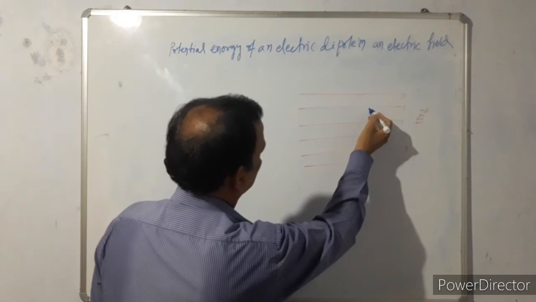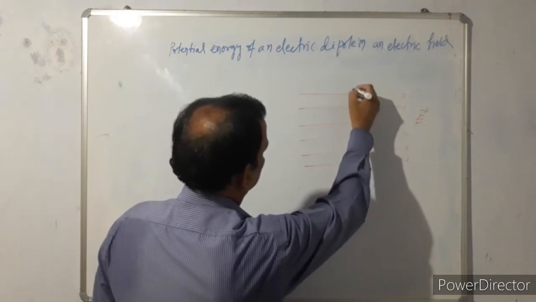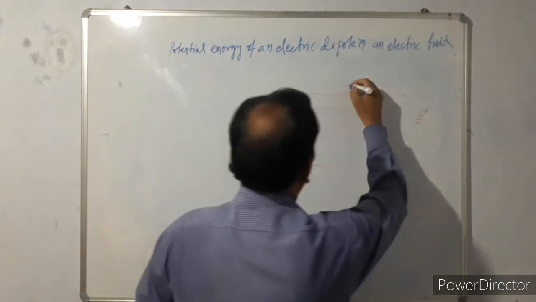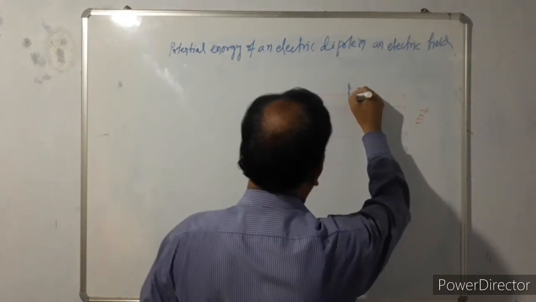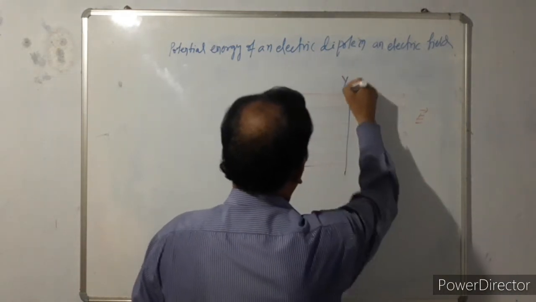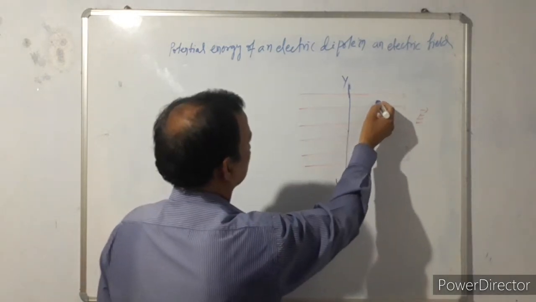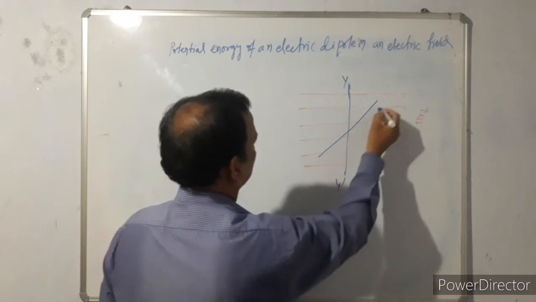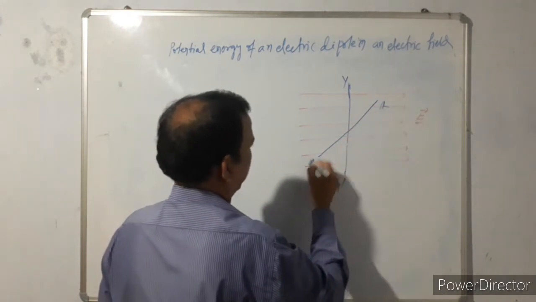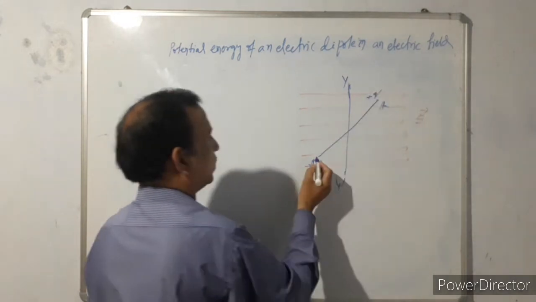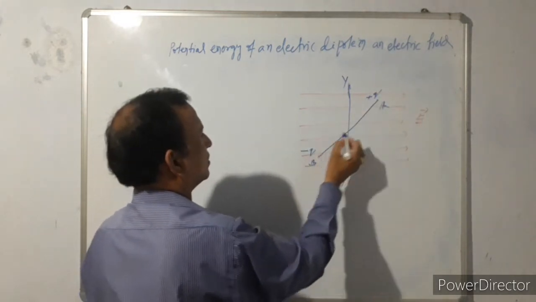And suppose this is the first position of the dipole. This is the dipole AB. At A the charge plus q, at B the charge minus q.